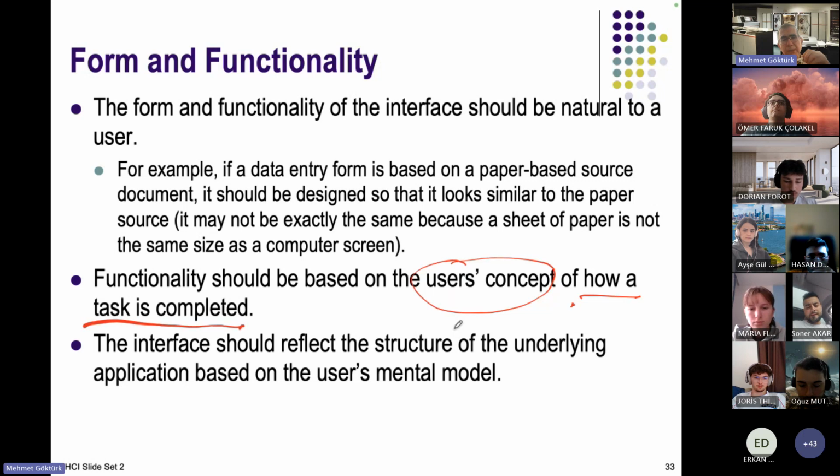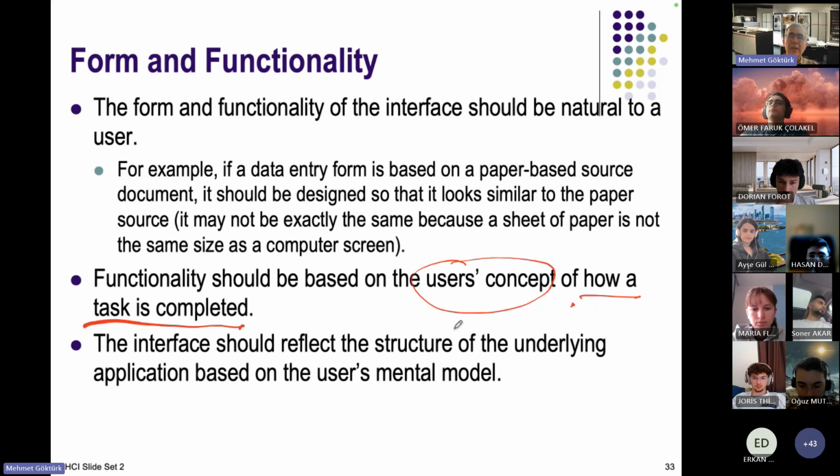Our interface must reflect that. How Ömer thinks the business works must be the key. So the interface should reflect that, and should not dictate something totally different, unless there is a reason. Sometimes there are reasons.